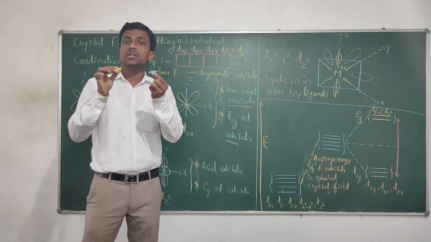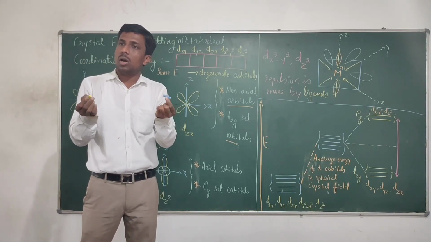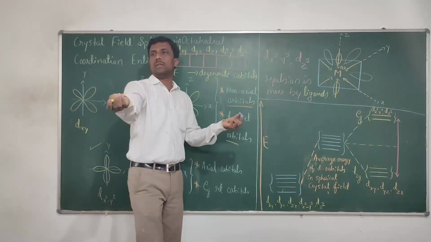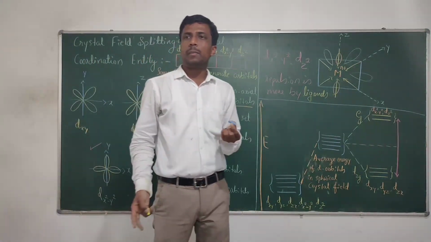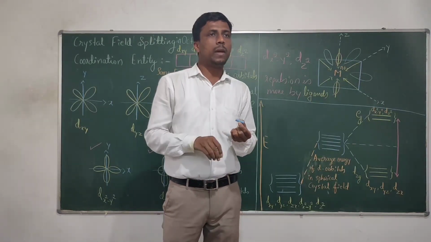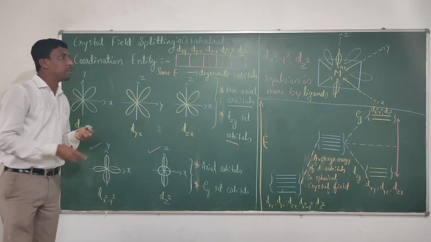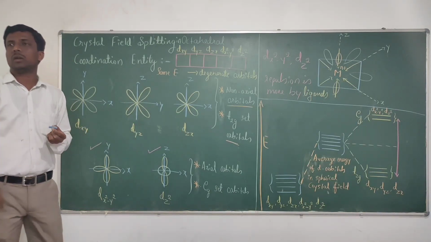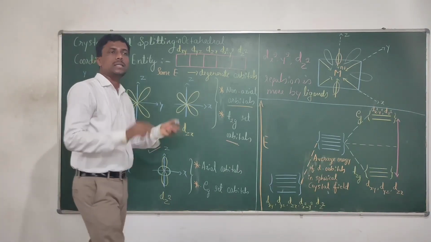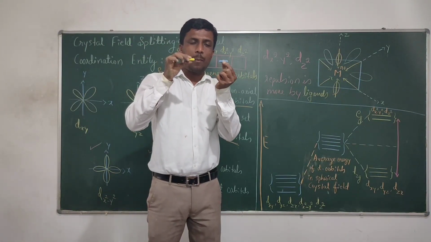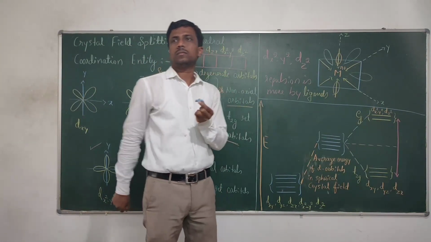Therefore, repulsion is more. These orbitals are containing electrons. Ligands are negatively charged. What is happening here? Repulsive force takes place. Therefore, these two orbitals experience more repulsion, because they are having their lobes located on the direction of the approaching ligands.